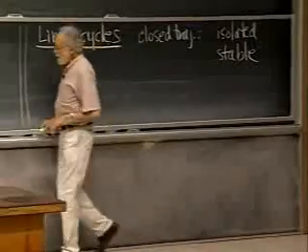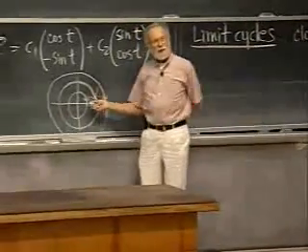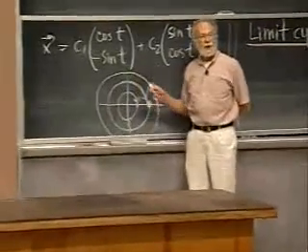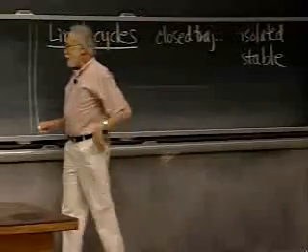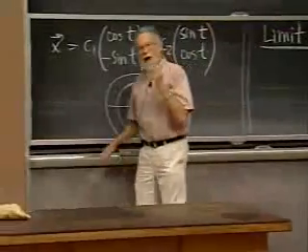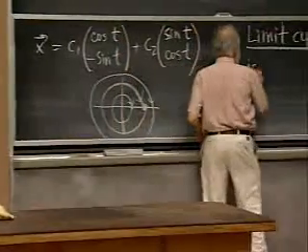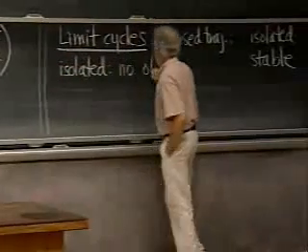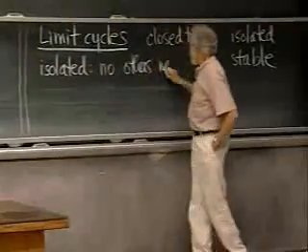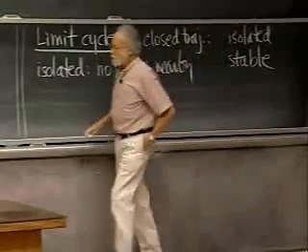See, the problem here is that none of these stands out from any of the others. In other words, isolated means no others nearby. That's just what goes wrong here.